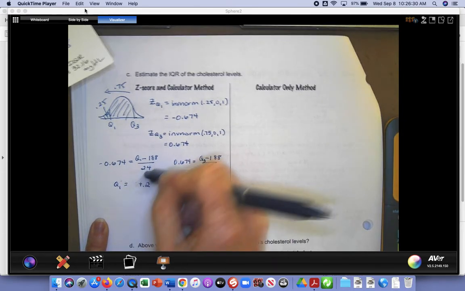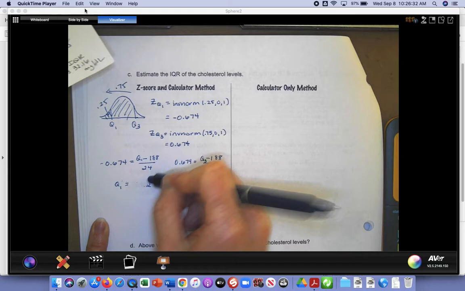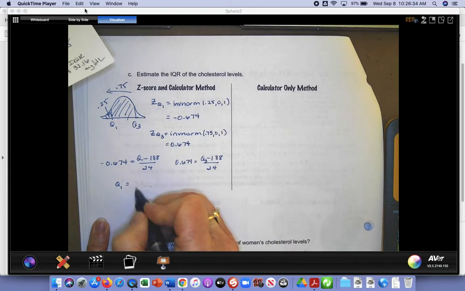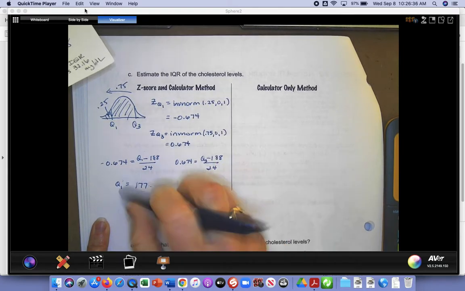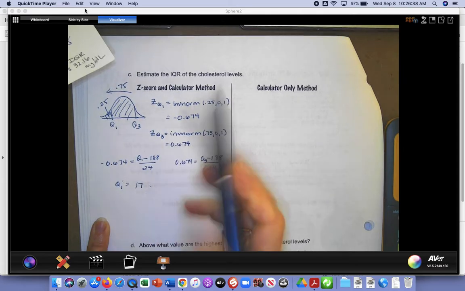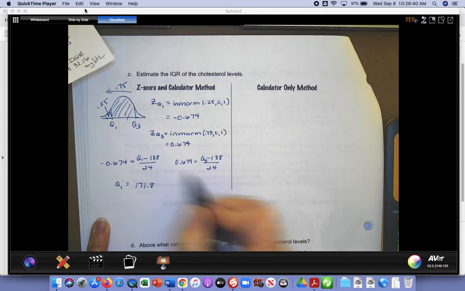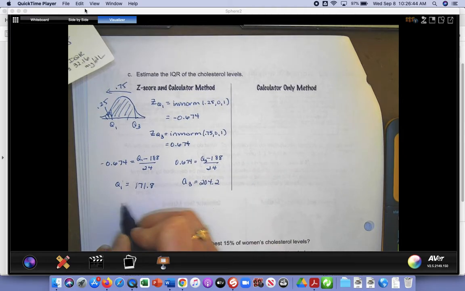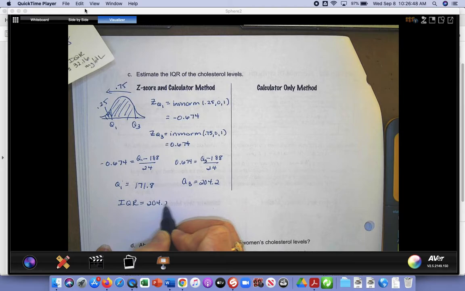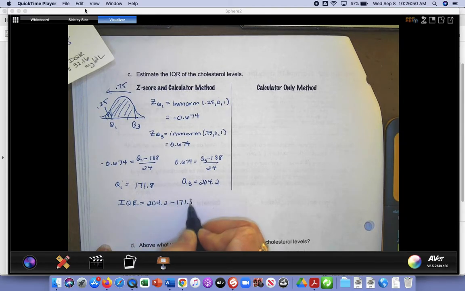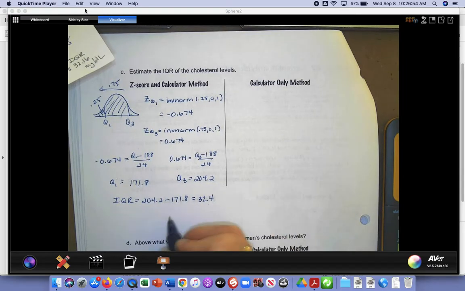Q1 ends up being 171.8 when you use the more exact answer. Q3 ends up being 204.2. So again, I can find the IQR by doing 204.2 minus 171.8, and I get 32.4.